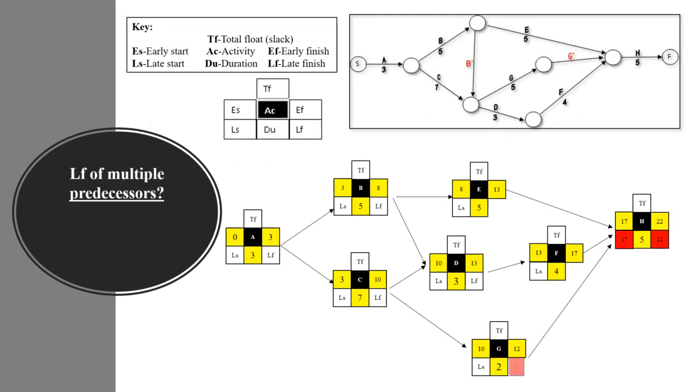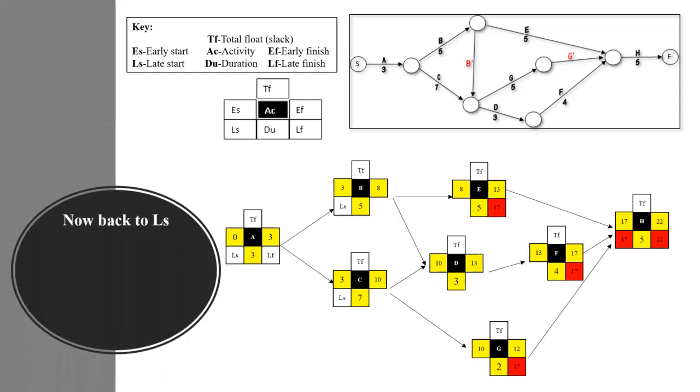We're looking at H again, and H has predecessors G, F, and E. So how do we determine what's the late finish for these three activities? Simple. The late finish for these activities is equal to the late start of H. Makes it much clearer, doesn't it? There you go. So late finish is equal to late start of succeeding activity.